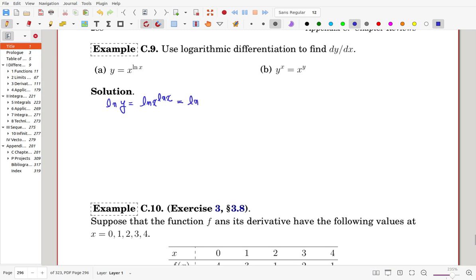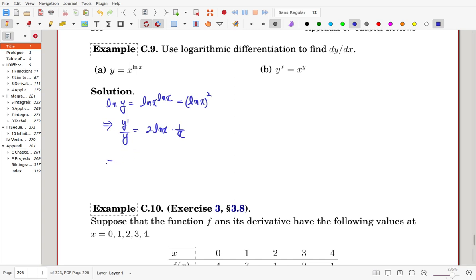Then now it is natural logarithm of x squared. Now we can differentiate implicitly. Then it becomes y prime over y, which is the same as 2 logarithm x times 1 over x. By using chain rule, you can get it quite easily.